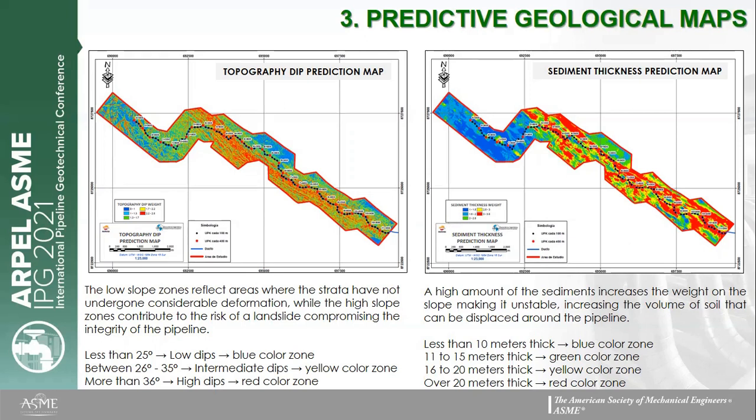And if we have over 20 meters thick of sediments, they are going to be colored by red. The important thing here is that a high amount of sediments increases the weight of the slope, making it unstable, increasing the volume of soil that can be displaced around the pipeline.